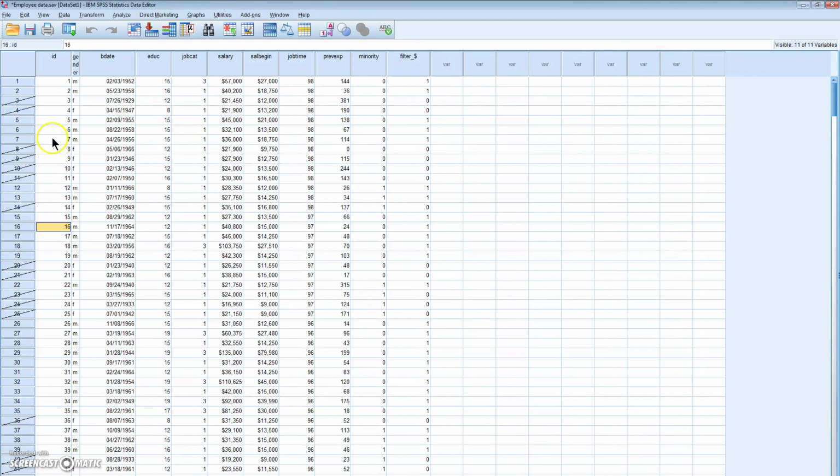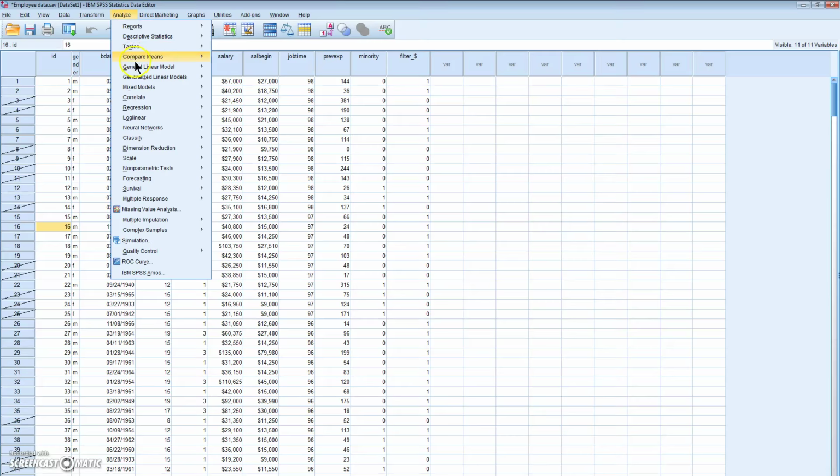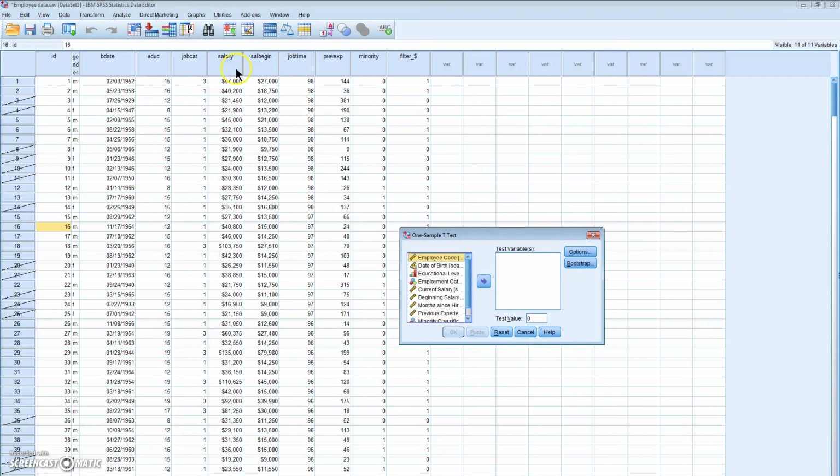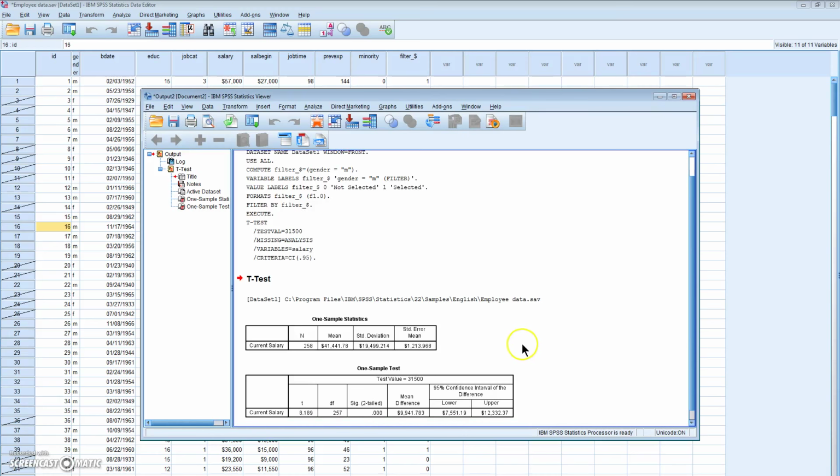Now that I've selected out all the females and I'm only analyzing data for the males, I would do Analyze, Compare Means, One Sample T-Test. We want to see if their current salary is different for males than the target of 31,500. So this is where you put the population mean. You click OK.